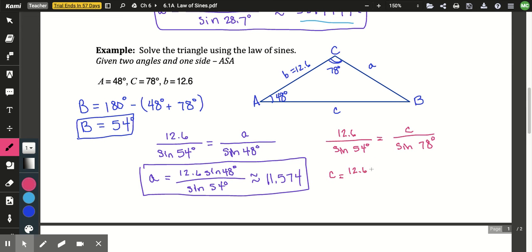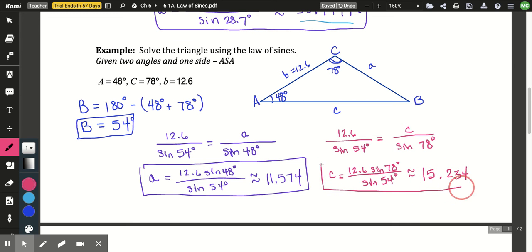So that would be 12.6 sine 78 degrees over sine 54 degrees. And then I would put that in my calculator to get an approximation. And I would end up with 15.234. And so this would be the last of my answers there.